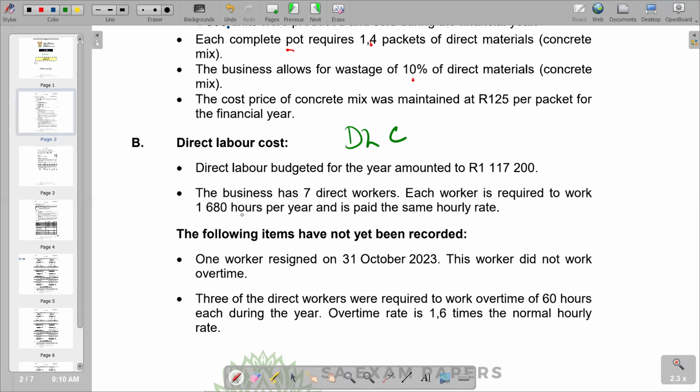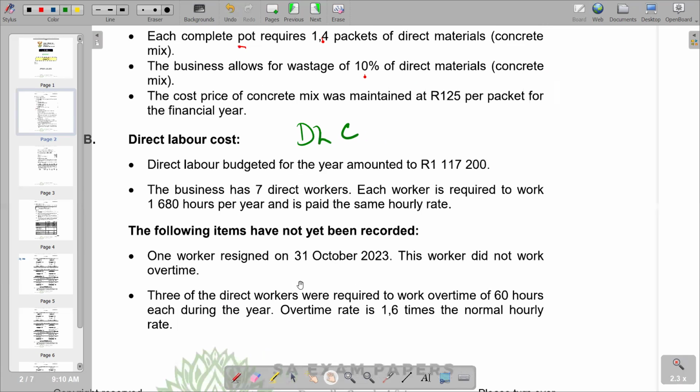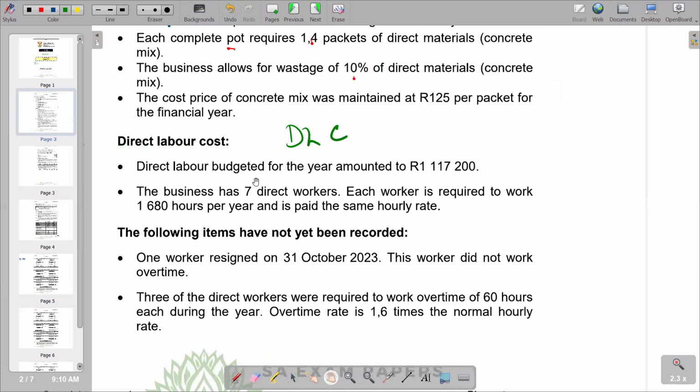And the business has 7 direct workers. Each worker is required to work 1,680 hours per year and is paid the same hourly rate. So we need to calculate the hourly rate according to budgeted information so that we can calculate the actual direct labor according to actual hours worked.